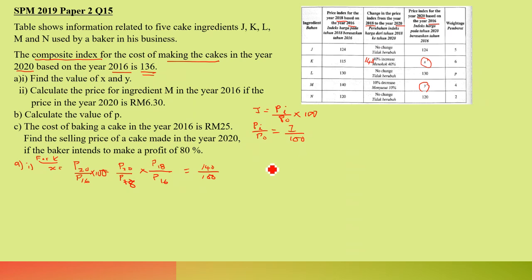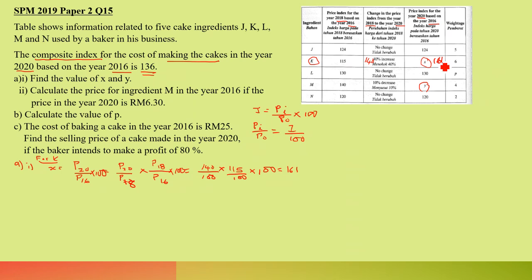And then for 2016 to 2018, for the same ingredient K, it is 115. 115 over 100, and don't forget, times 100. So when you calculate this whole thing, you will get the value 161. So your X is 161.